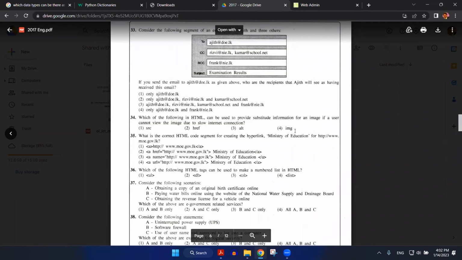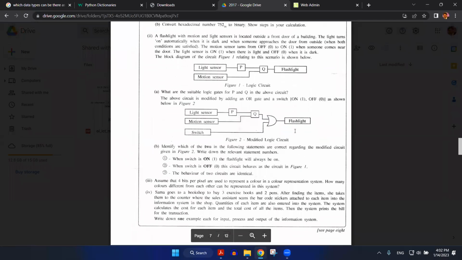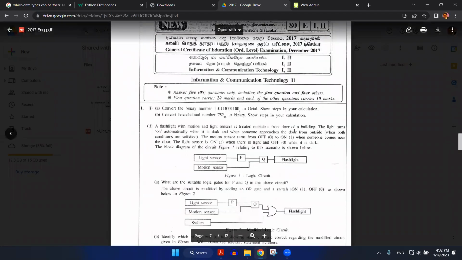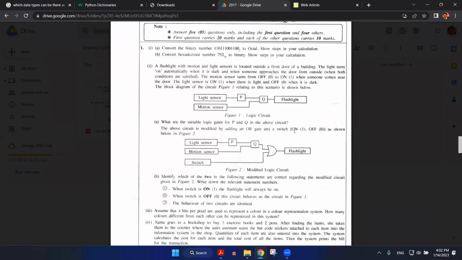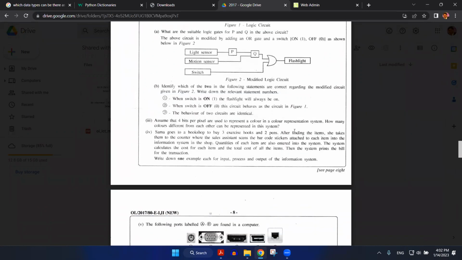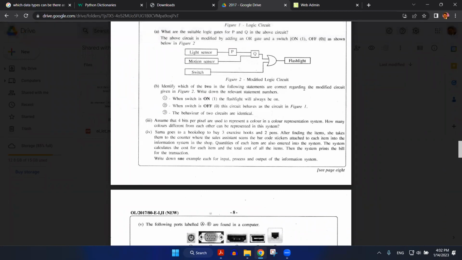The next day, I'm going to start discussing the paper. I will discuss the MCQ questions first, then I will go to the second paper. So I want you to get ready with both the papers, with the answers, right? And please do not come to the class without doing the paper. Otherwise, there is no point of being inside the class, right? If you have done the paper, then only will you have an idea of whether you have done it correctly or not when I'm discussing it.